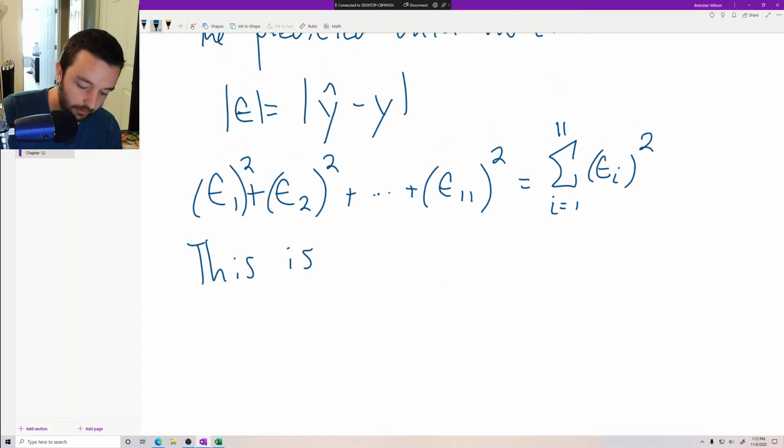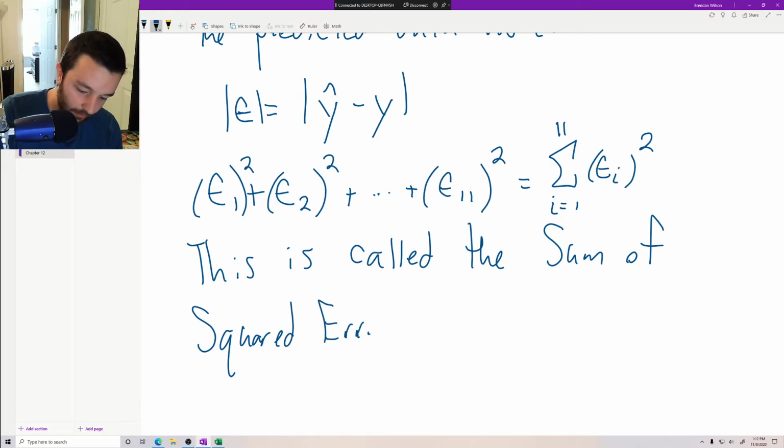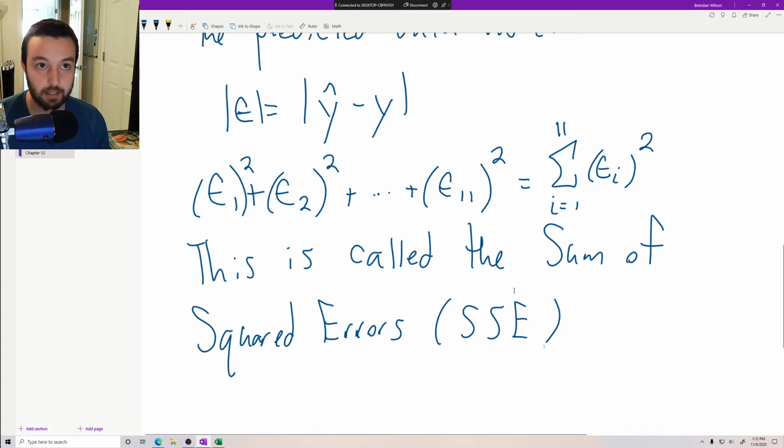This is called the sum of squared errors, or SSE, or sometimes it's called the residual sum of squares, so RSS.